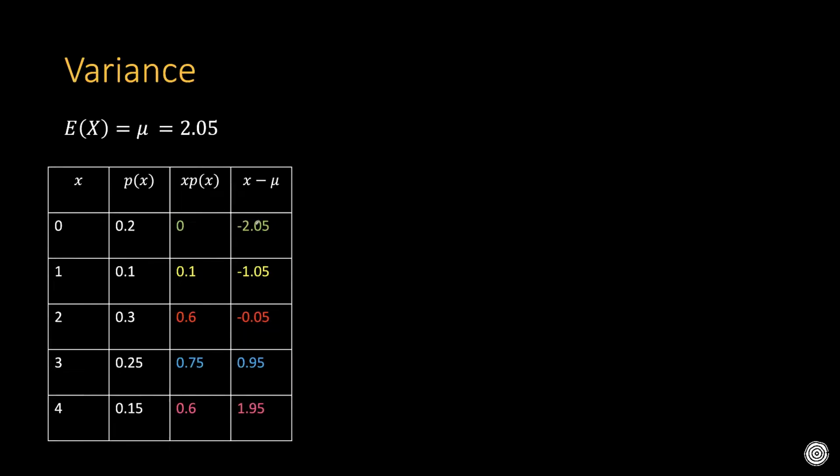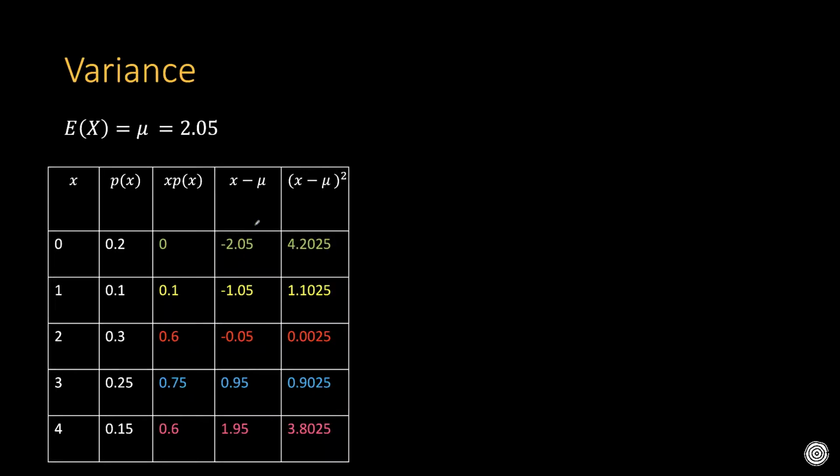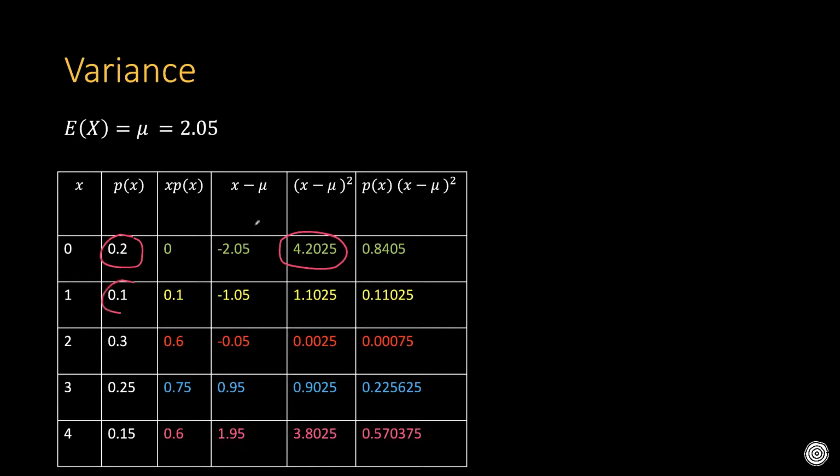I then find the square of this difference, which leaves me with the values in that next column. Then to find the weighted mean of this squared deviation, I multiply the probability by that squared difference, creating another column, and I get those outcomes.